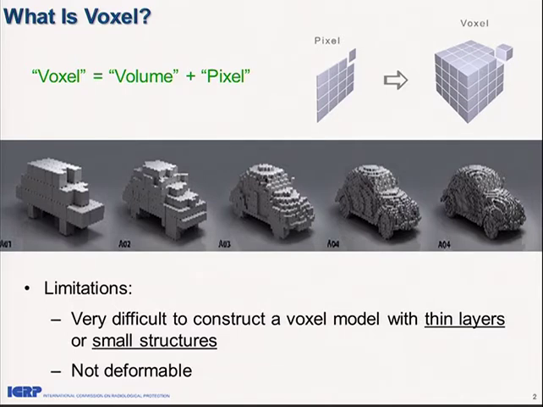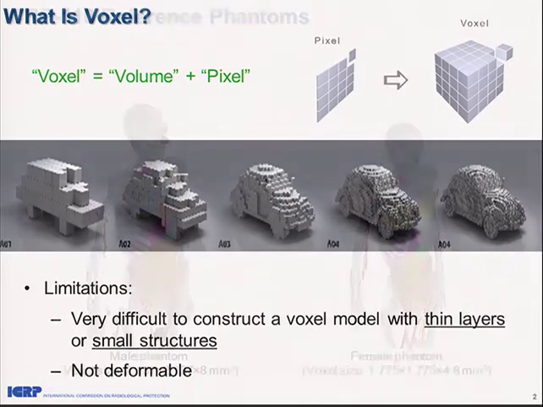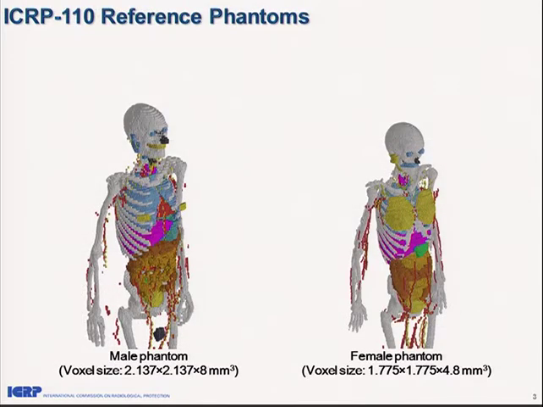For example, to define a very thin layer in a voxel model, the size of the voxel should be less than the thickness of the thin layer, which is quite often not practical if the layer is very thin. And the voxel geometry is not deformable, which means we can develop only a rigid model, not a deformable model. Okay, let me start my presentation on our phantom conversion project.